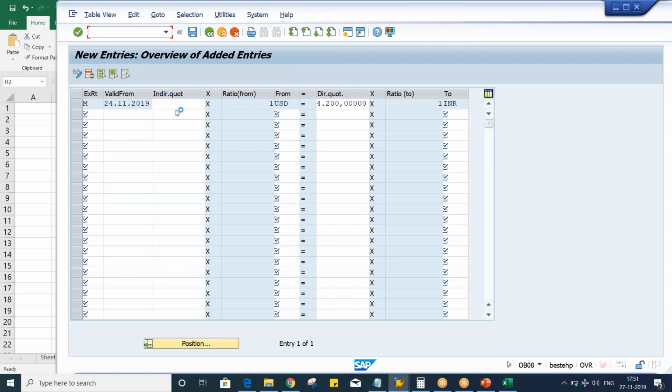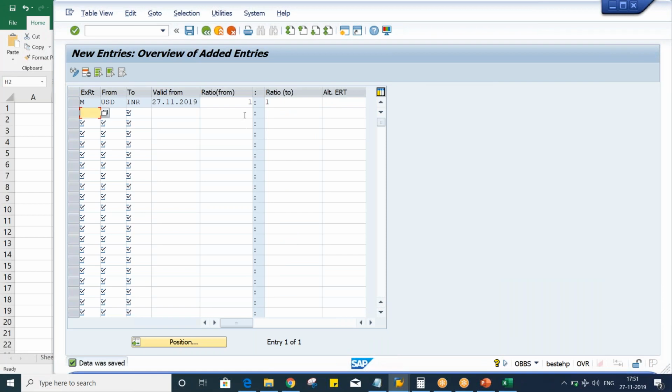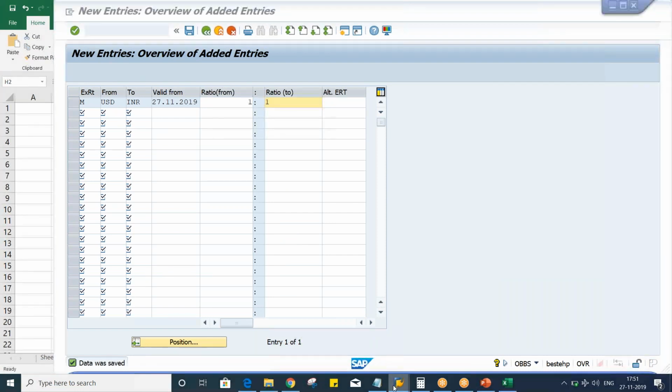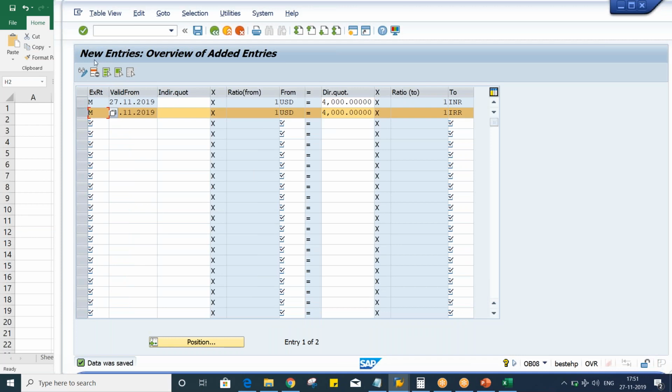Look here, not here, guys, here actually. We have given 1:1, right? So 1:1 means the system is going to calculate 1:1, and here the rate we have given. Let me remove this Iranian currency, it might be creating some confusion. Now save it. So now here 1:1. Whenever we post a transaction, what is happening, guys?